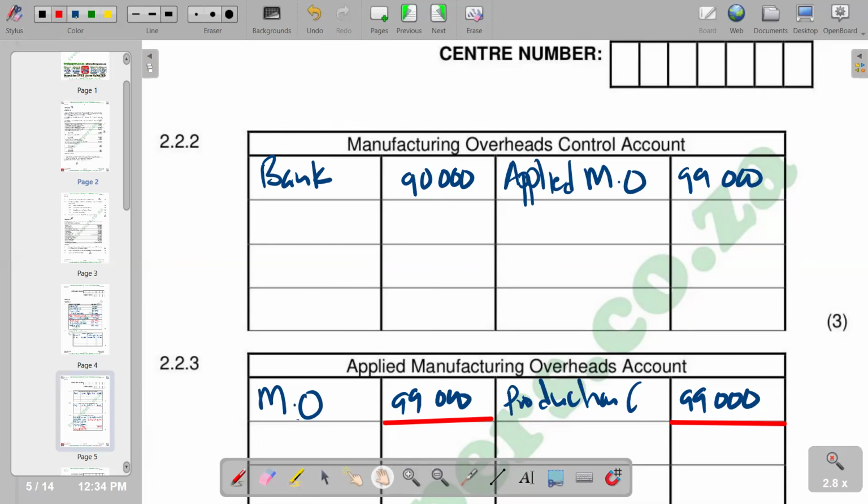So the balancing figure comes on the debit side and it's supposed to be transferred to cost of sales. It is 99,000 minus 90,000 to get 9,000. And of course, we are supposed to have our double lines, which will give us a total of 99,000.